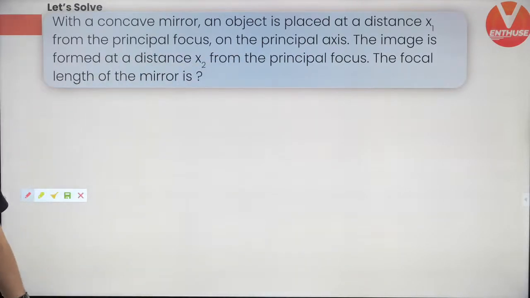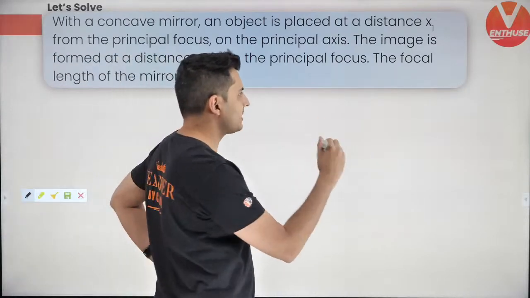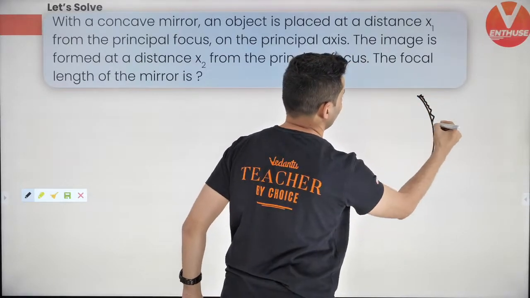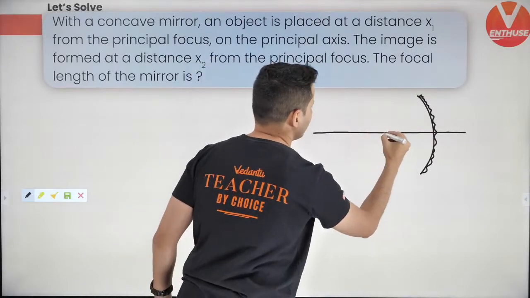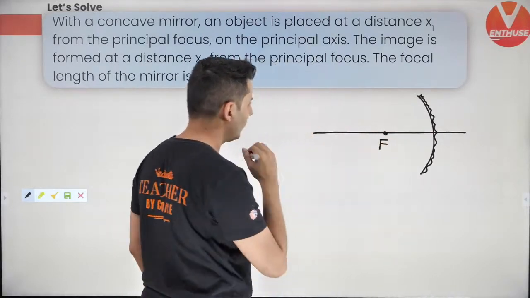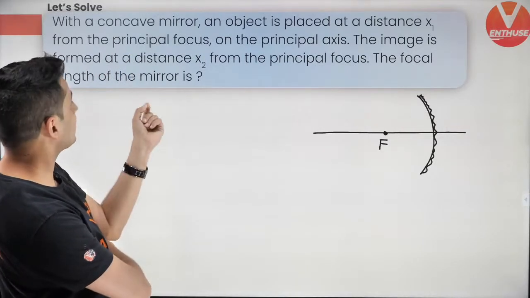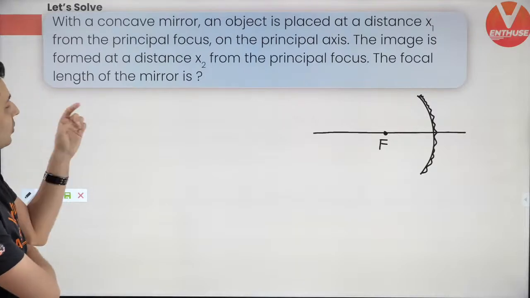Let's have a look. What we'll do is start with a diagram first again. Let's take a mirror randomly. Then let's take a focal point over here. The image formed is at distance x2 and the object is at distance x1.